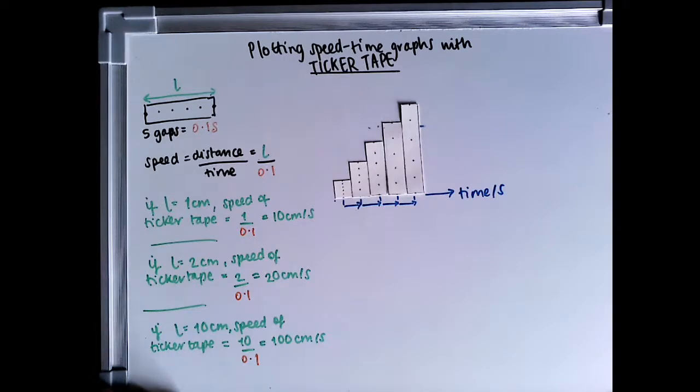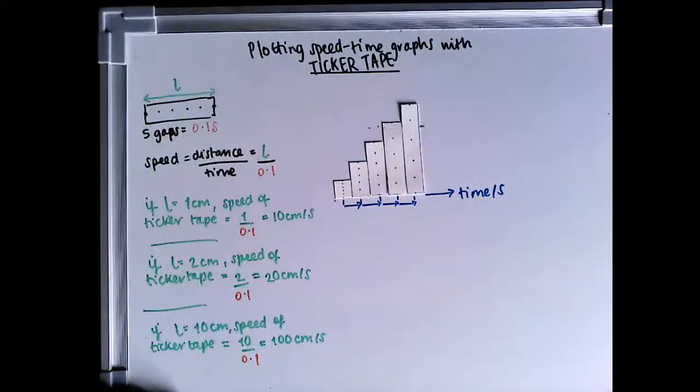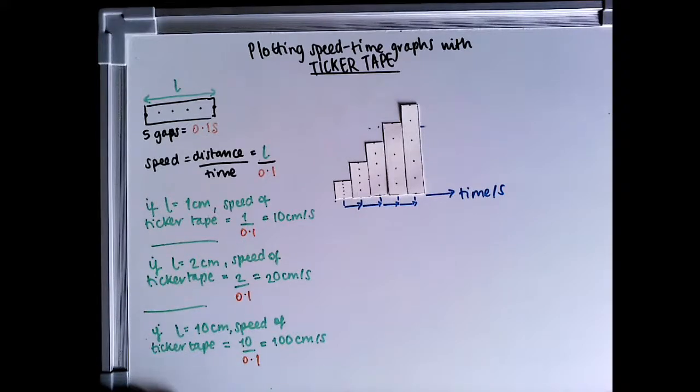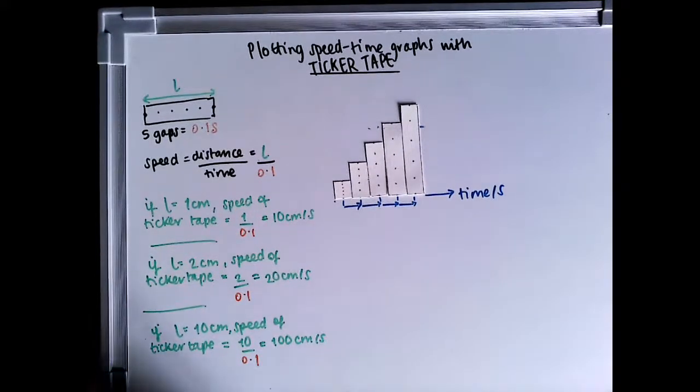Okay, and we've just talked about how by looking at the length of the piece of tape, we can work out the speed of that piece of tape. So what we can actually do is we can plot a speed time graph with ticker tape.